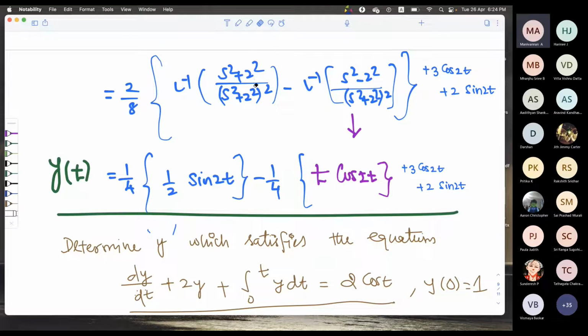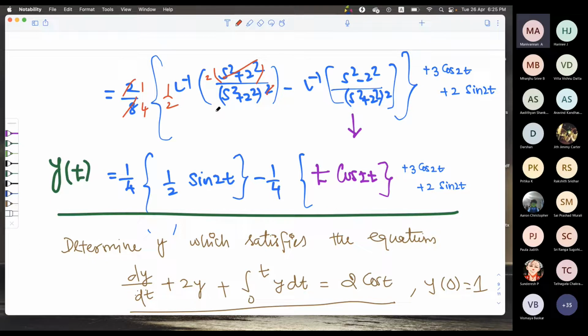This term and this term get cancelled out. This s square plus 2 square and this term will cancel. So 1 upon 2 square plus s square plus 2 square, multiply and divide by 2 and 2. So it is 1 by 4. If we are cancelling this, this is 1 time and this is 4 time. So 1 by 4, and multiply and divide by this 2 and this 2. Okay, am I right?